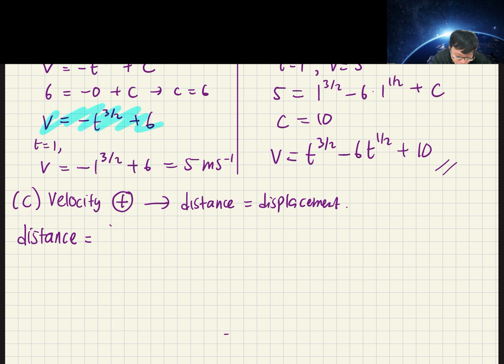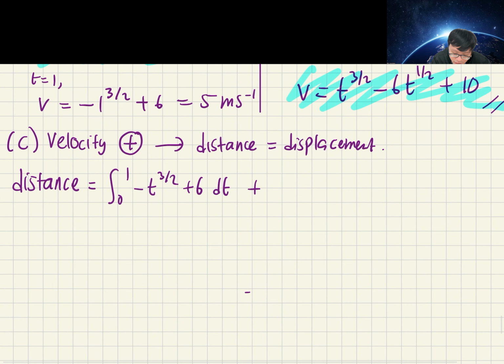So we integrate from 0 to 1 of the first velocity equation. Plus, we use the second equation from 1 to 4 because the question is from 0 to 4. So from 1 to 4, t^(3/2) minus 6 t^(1/2) plus 10 dt.